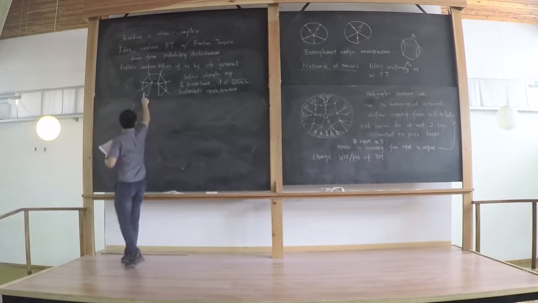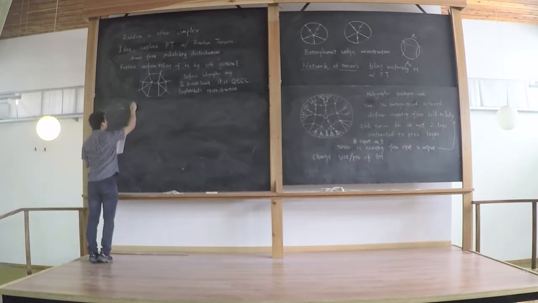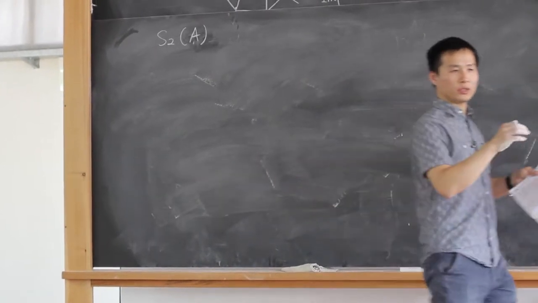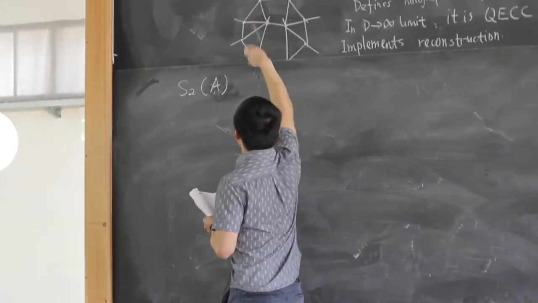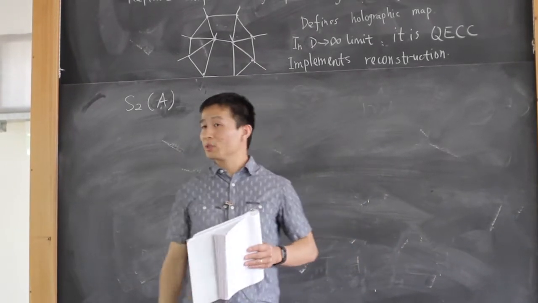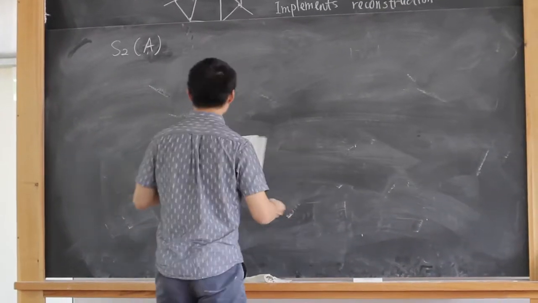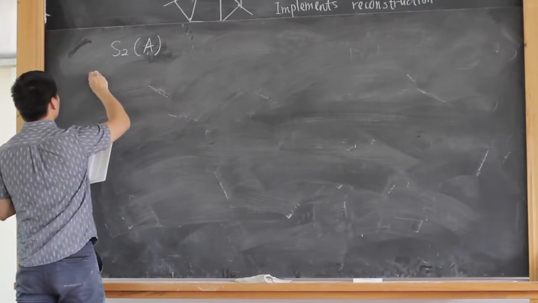For this discussion, we want to consider, let's say, some Rényi entropy on some region A, where the region A is a boundary region. For example, out of the 8 boundary vertices, we can choose part of them, 4 of them, and we want to calculate this.